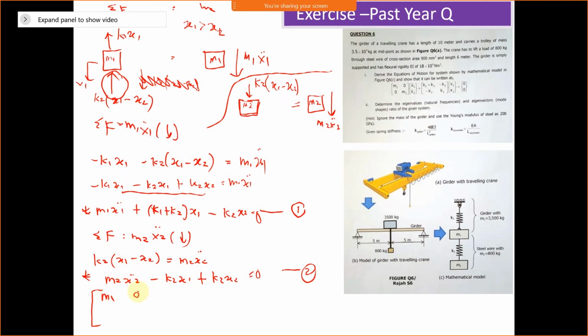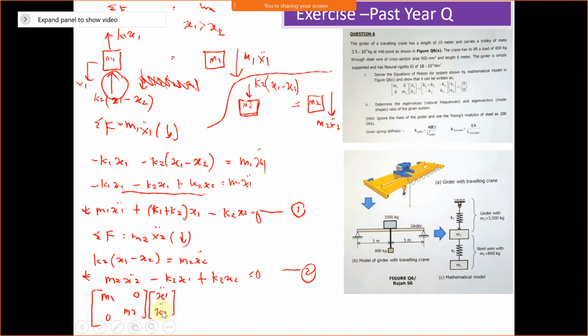Of course this is 0 lah. So kita akan guna dalam matrix 2 times 2. Kosong M2. Okay, and then X double dot 1, X double dot 2. So this is our initial force lah. Initial force due to mass.